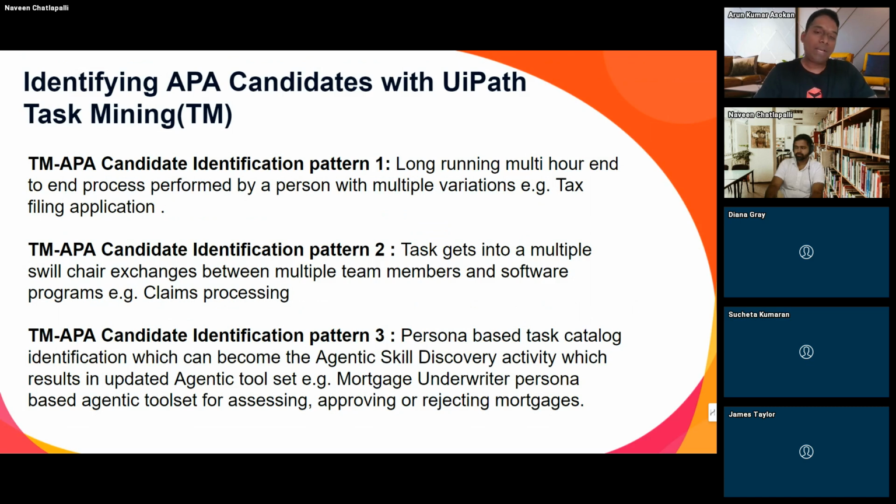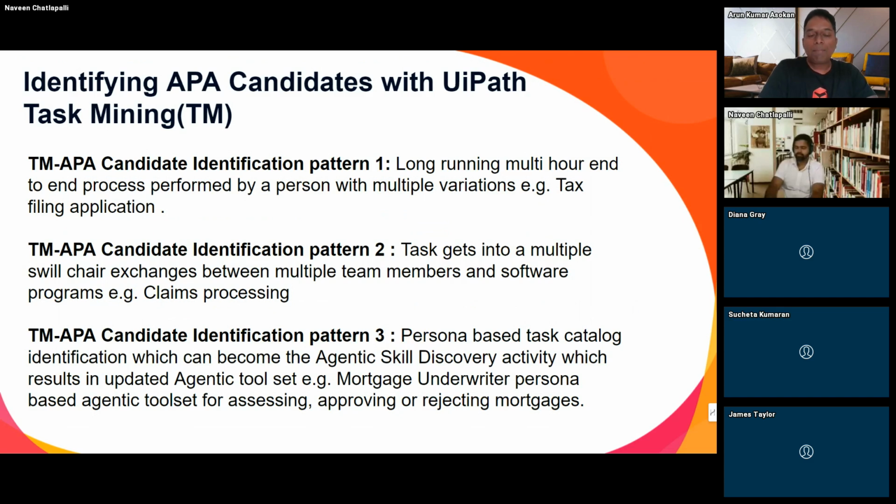Usually we don't pick those candidates, like a tax filing application. We have to complete the tax filing end to end. It takes 6 to 8 hours for partner tasks, even more than that, right? So those kind of use cases are done in piecemeal, or they would usually be overlooked. But those kind of candidates can now be picked as an APA candidate, right?